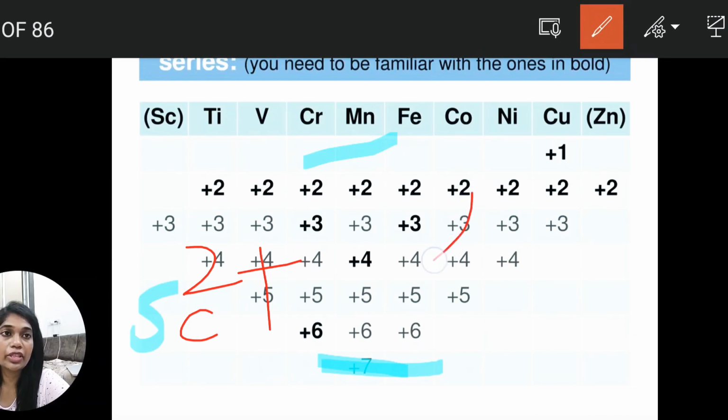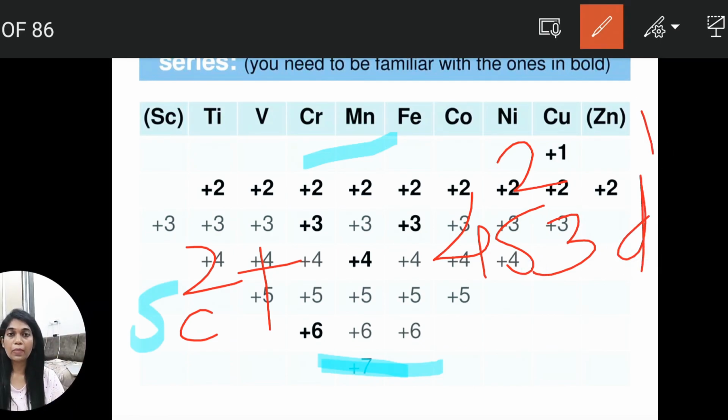The electronic configuration of the neutral scandium atom is 4s2 3d1. 4s is the outer orbital and the 3d orbital is the inner orbital, so we have to remove the electron from the 4s orbital.